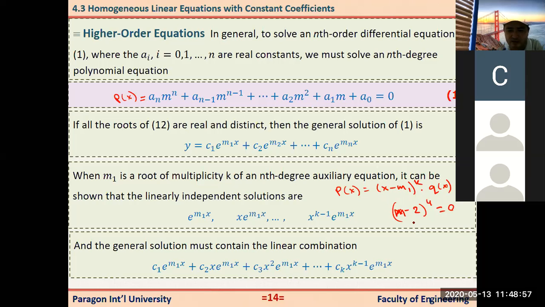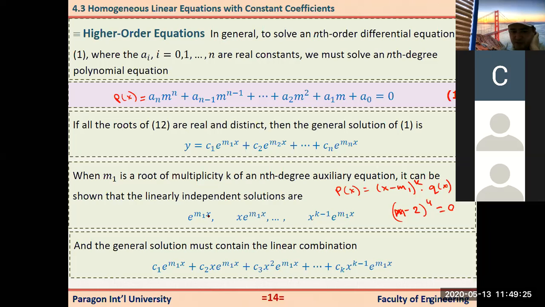Assume that this is the auxiliary equation of a fourth order differential equation. Then the first solution will be e to the power 2x. The second will be x times e to the power 2x. The third will be x squared times e to the power 2x. And the fourth will be x cubed e to the power 2x. How are we finding this? By reduction of order.